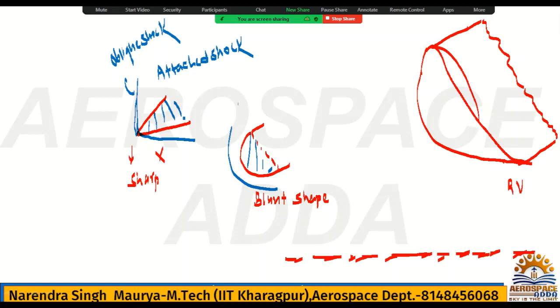This is the bow shock. Why is it called a bow shock? Because its shape is a bow, like arrow and bow. This is the bow shock, and this is a detached shock.